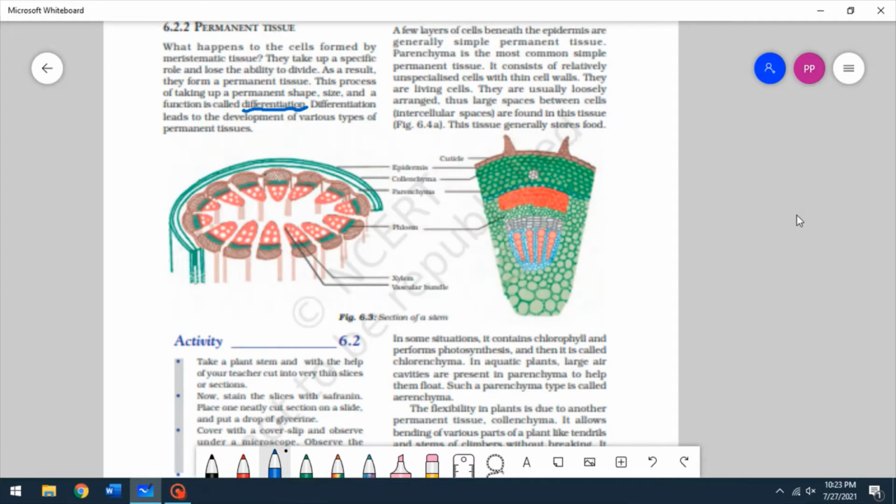In this case, differentiation is the process of meristematic tissues turning into permanent tissues by taking up a permanent shape, size, and a function. It's like when you're in school, like right now, you take a variety of subjects. You have science, you have social, you have math, you have economics, and languages, English, and all of that.